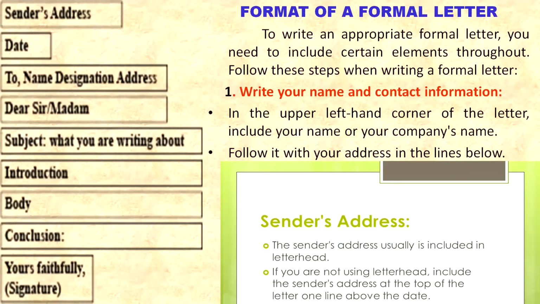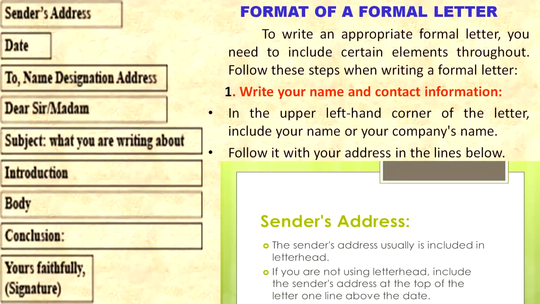In order to write an appropriate formal letter, we need to include various elements throughout the letter. Let us first begin by writing our own name and contact information. That is, we need to write the sender's address. When we are writing the sender's address, we begin with the upper left-hand corner of the letter.